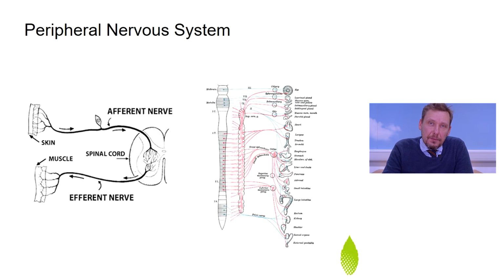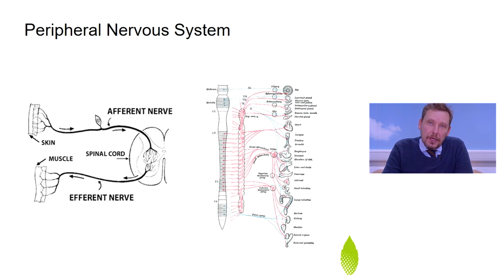Another important aspect of the peripheral nervous system is, of course, the automatic or autonomic nervous system, which is involved with homeostasis of all sorts of body functions, but are not under our conscious control.